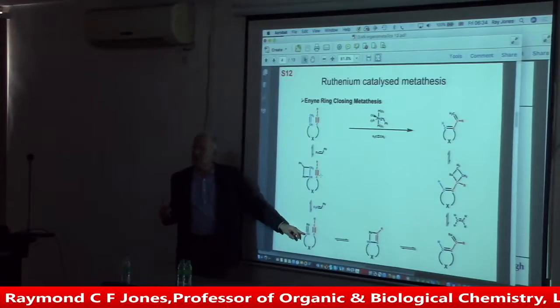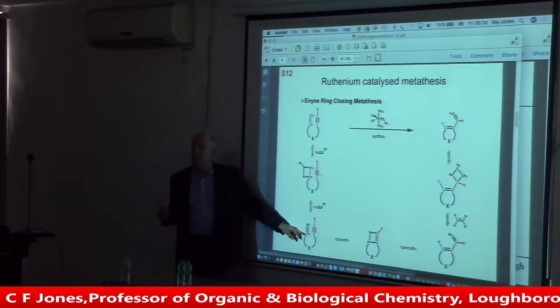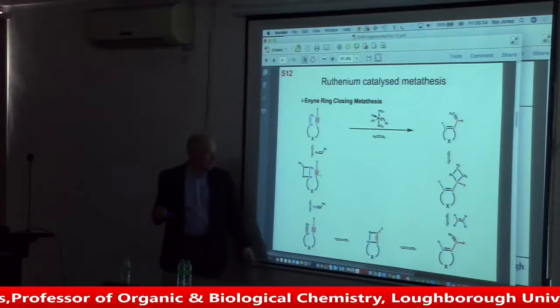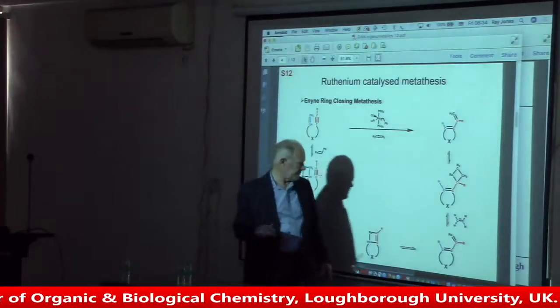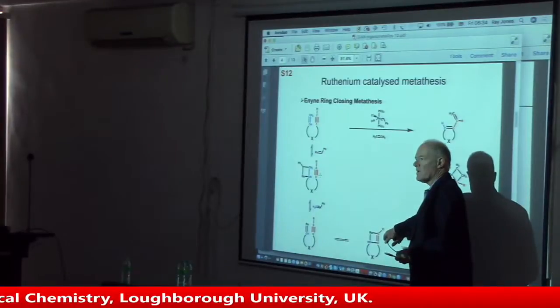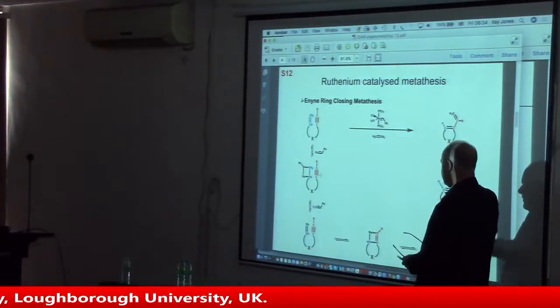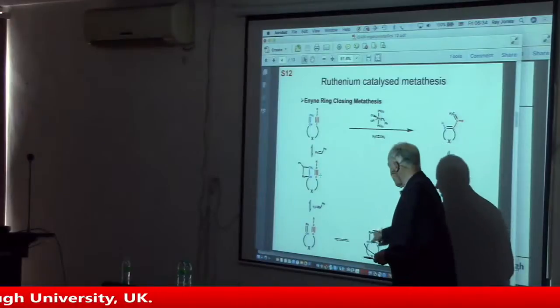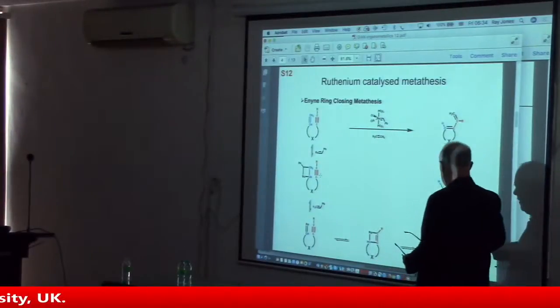So where you had an alkene, you now have a ruthenium carbene. That adds across the alkyne to give a new 4-membered ring. That was formed by making the top and bottom bonds.